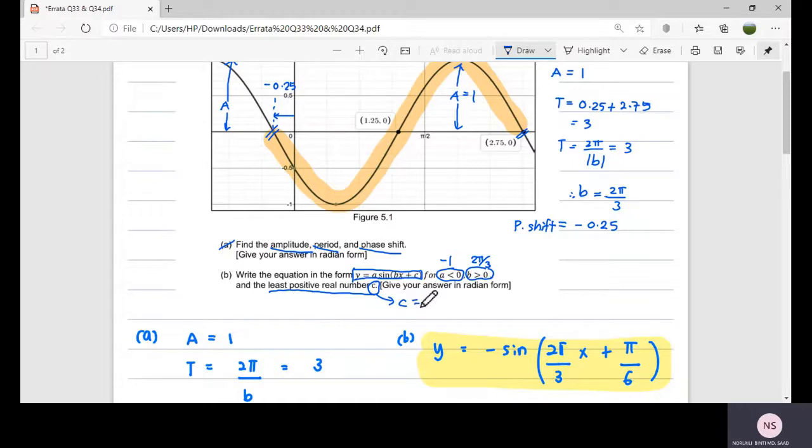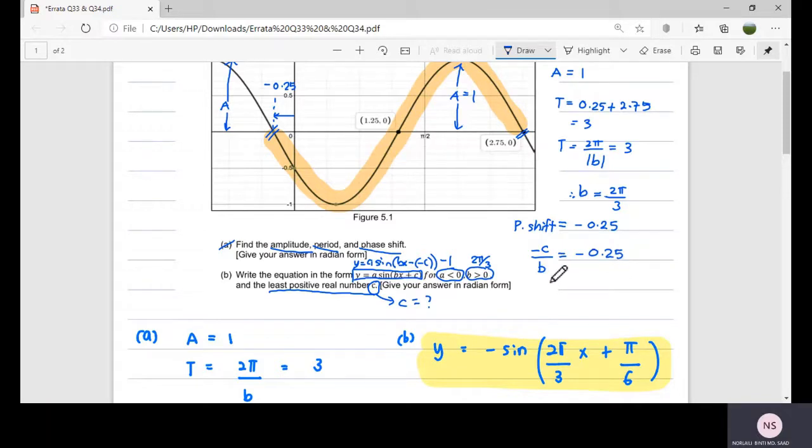So what is C? From the phase shift, we know that the formula is C over B, right? So whenever we have Bx plus C, here it means that y equals A sine (Bx minus negative C). So from here we let negative C over B equal negative 0.25.